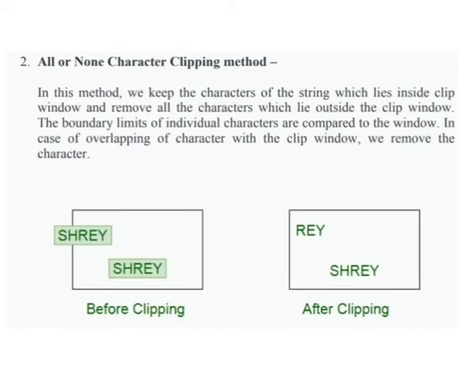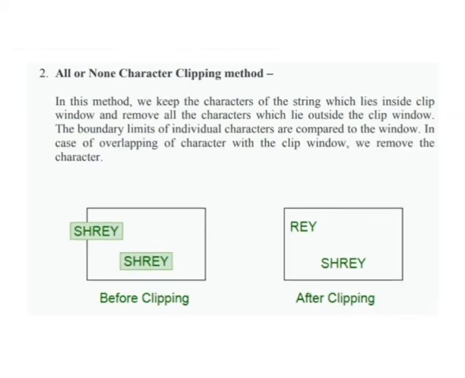In the previous method we checked the string; in this method we check the character. If any character overlaps the clipping window, that particular character is removed. In this example, SHREY, the H overlaps the clip window, so the H and S are completely removed.